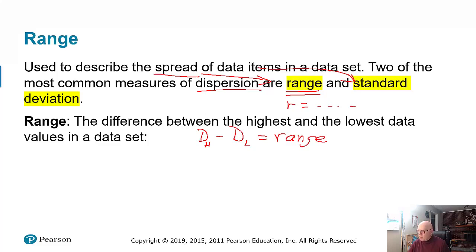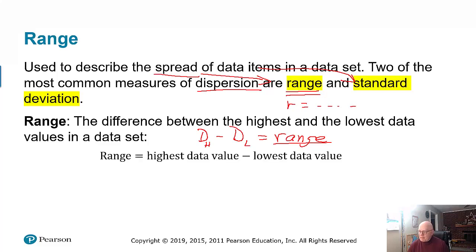The only thing you have to really do that is of any difficulty at all is finding out what the biggest number is in your data and what's the smallest number. Once you have that, subtract, you've got your range. And that's a simple method of showing the spread of your data items. Highest minus lowest, and you got it.